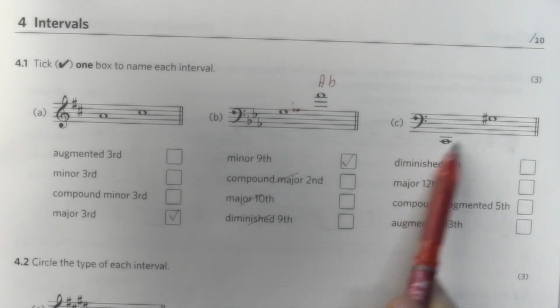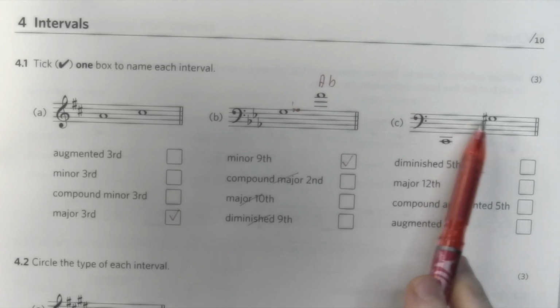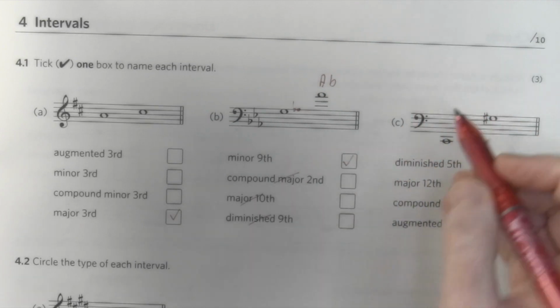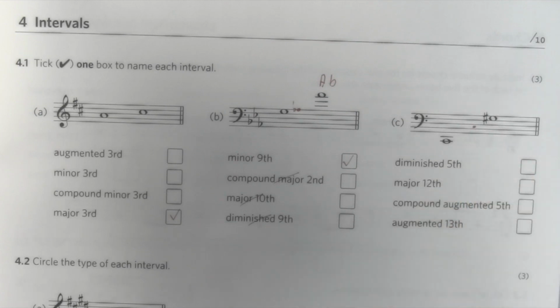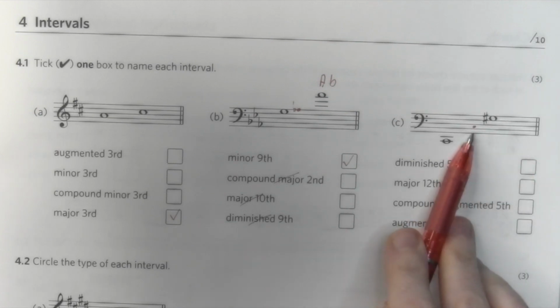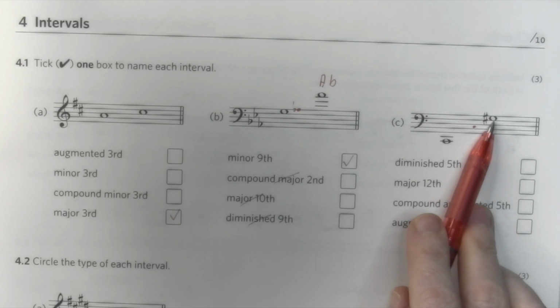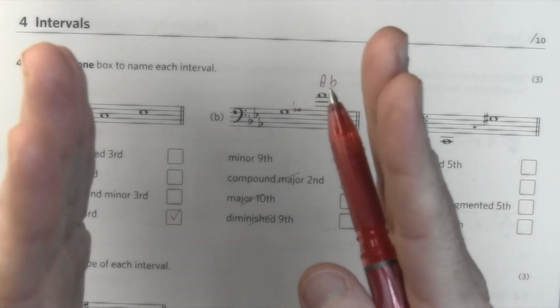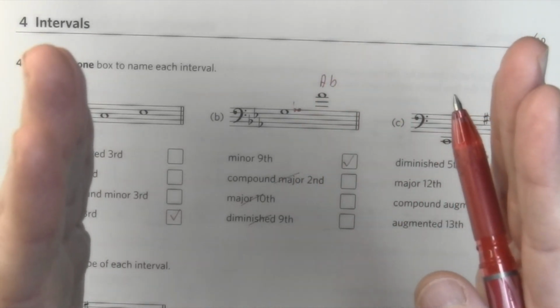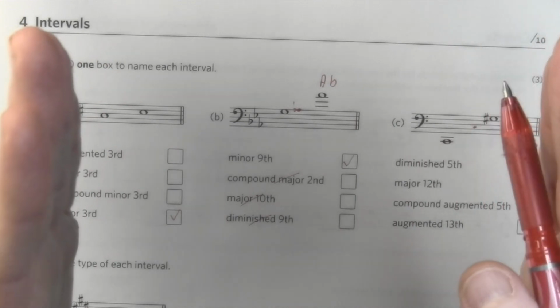Bass clef, do, sol sharp. This is definitely a compound. The non-compound version would be a 5th. So let's make a non-compound. Do, sol sharp. Do sol is a perfect 5th. And because it's sharp, it means that our distance is augmented, is increased.